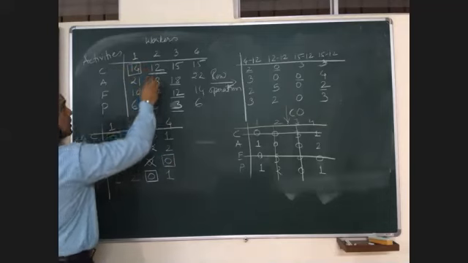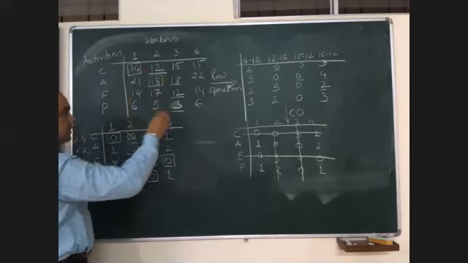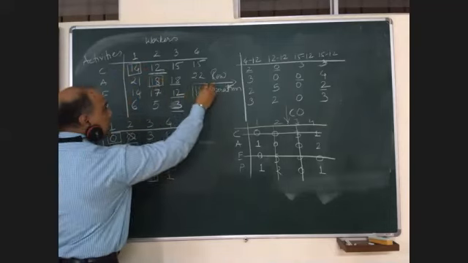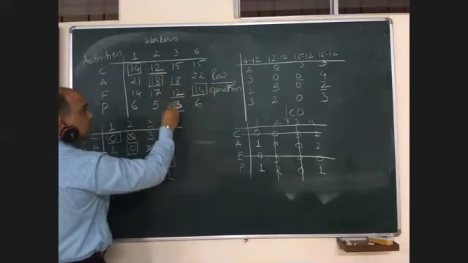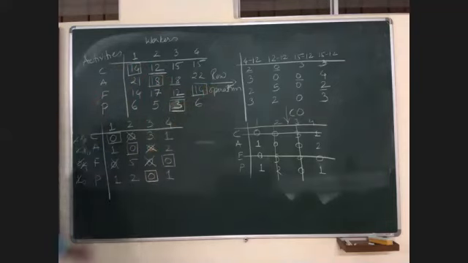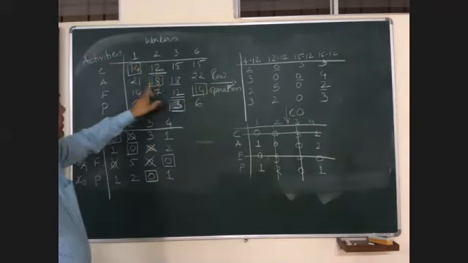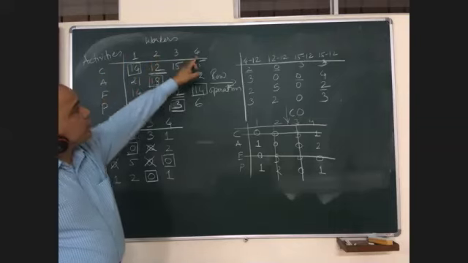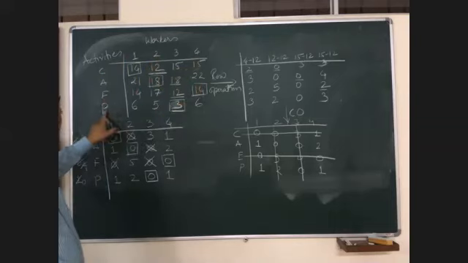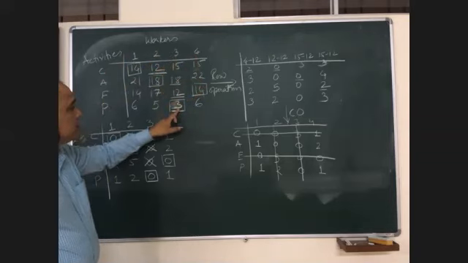This, and this. It means C activity is given to first worker, A activity is given to second worker, F activity is given to fourth worker and P activity is given to third worker.